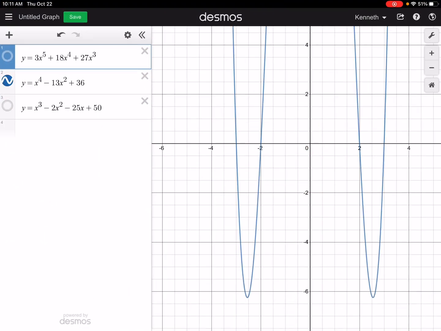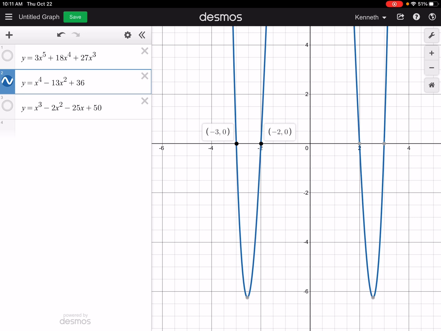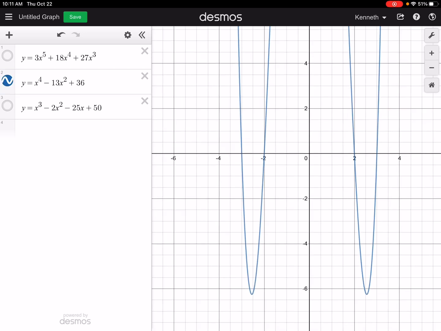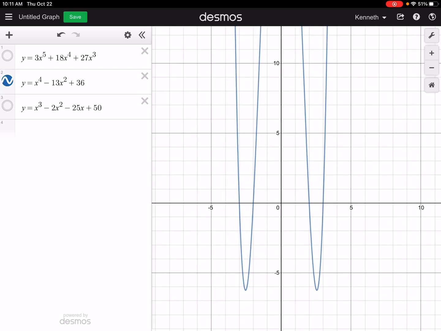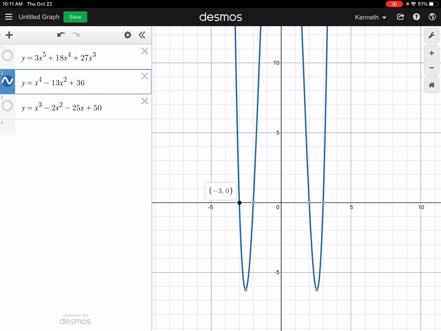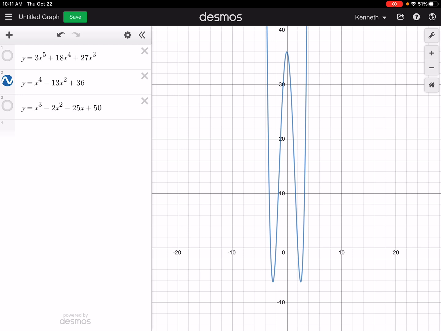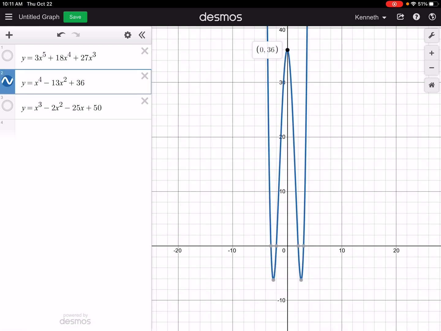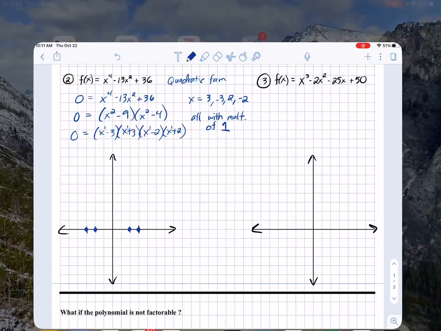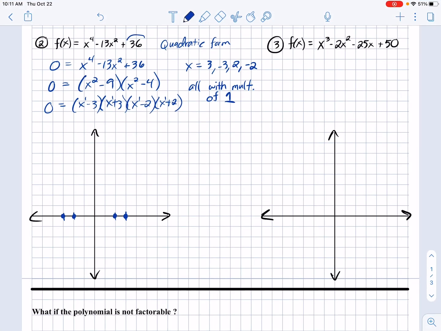You can see every single root the graph is crossing through, and it looks just like 2 sets of parabolas, right? Comes down, goes through, and then if we zoom out a little bit further, you can see this point all the way at the top is 36, and hopefully you realize that that is the y-intercept of this function.